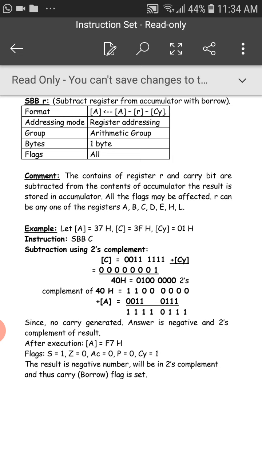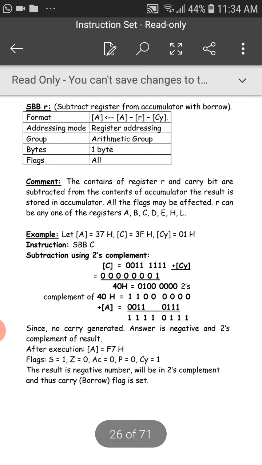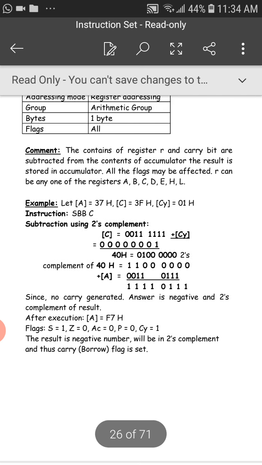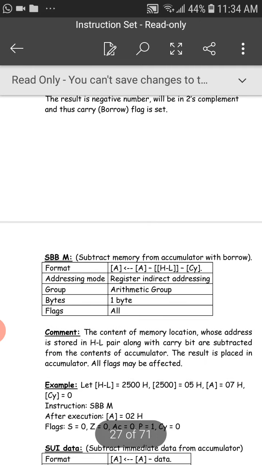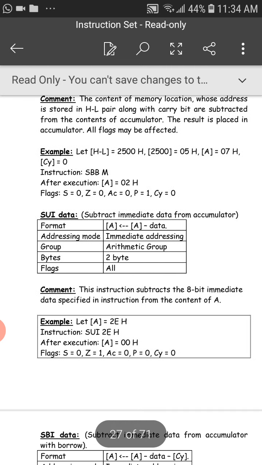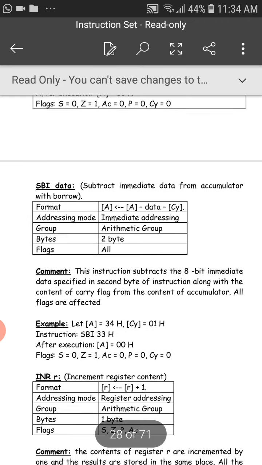If your number is negative, then you have to take 2's complement and the carry flag will be set here. These are the subtraction instructions. Some other instructions are also there in arithmetic instructions.